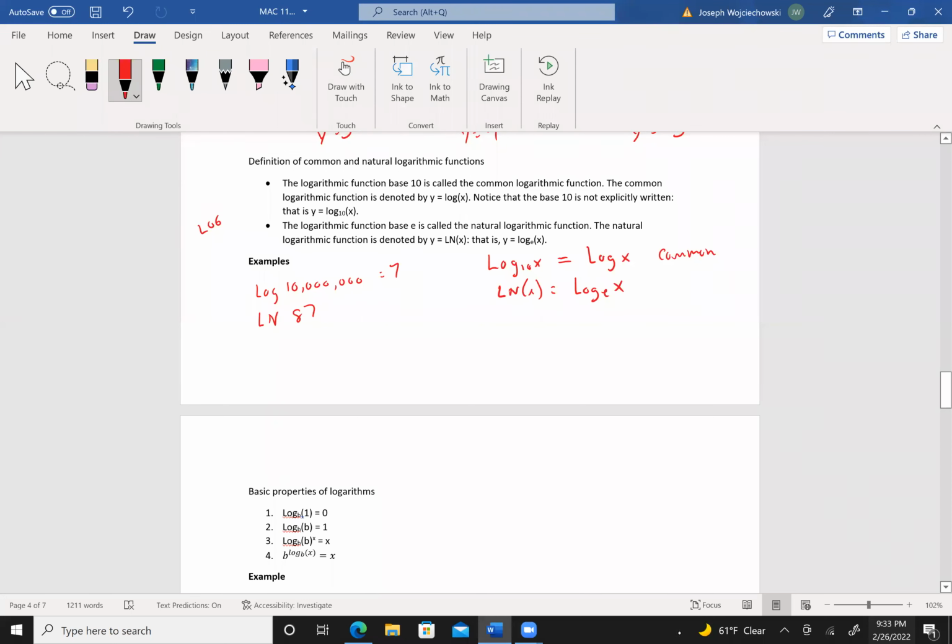This isn't going to come out even, but we can still do it. In this case, you're going to need to hit the second key and then the log key. Oh, wait, no, my mistake. There is a natural log key on these calculators, ln. Hit ln and hit 87. And I get 4.4659, and it keeps going.